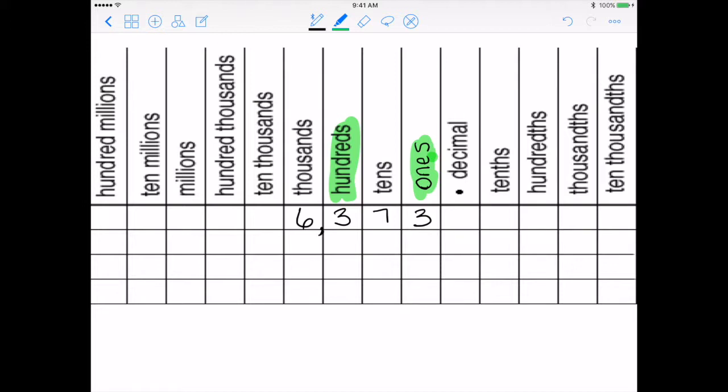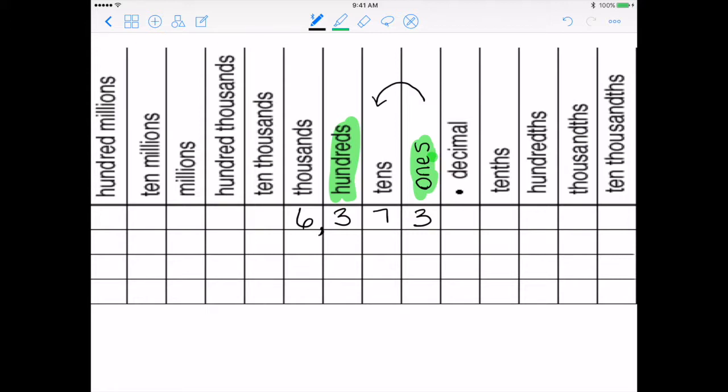Well, let's start by talking about the fact that every time you move from one place value to the next place value, as you're moving to the left, we know that our numbers are getting greater. They're increasing in value. But by exactly how much?